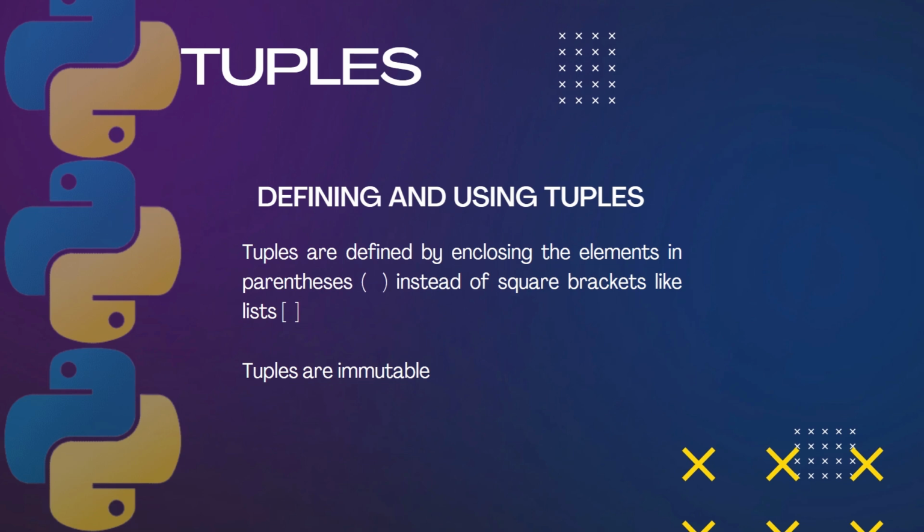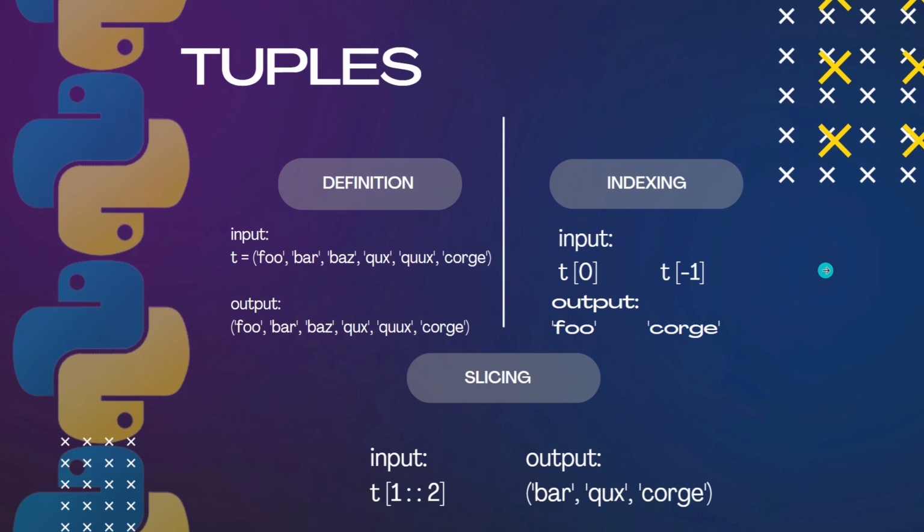Tuples are identical to lists in all respects, except for the following properties: tuples are defined by enclosing the elements in parentheses, and tuples are immutable. Let's cover a short example of a tuple definition, indexing and slicing.